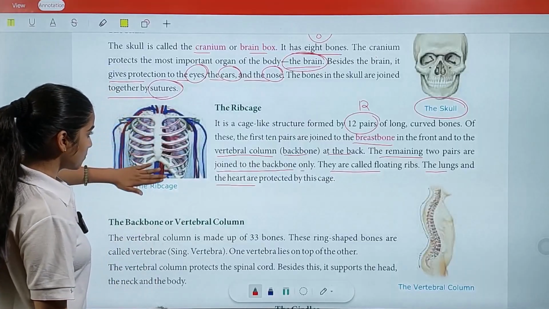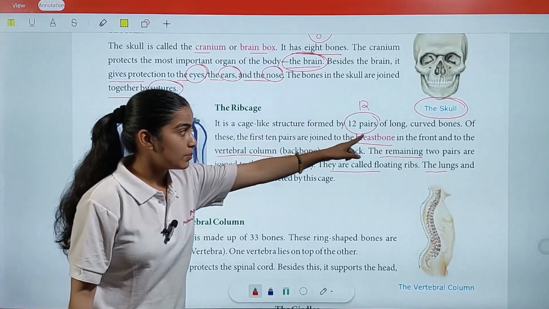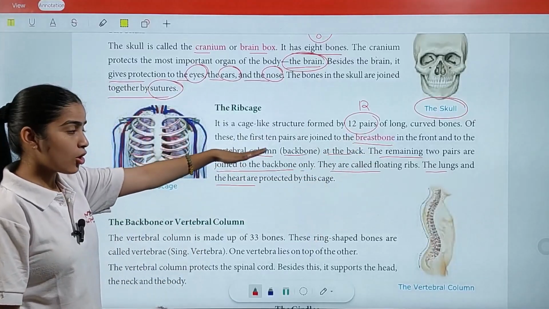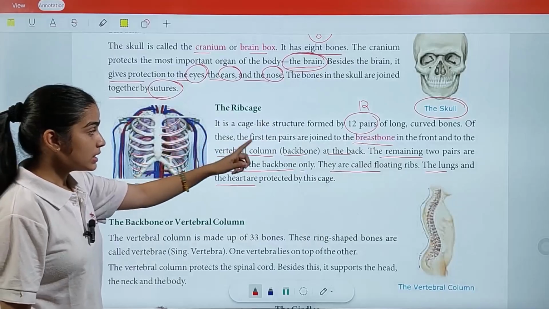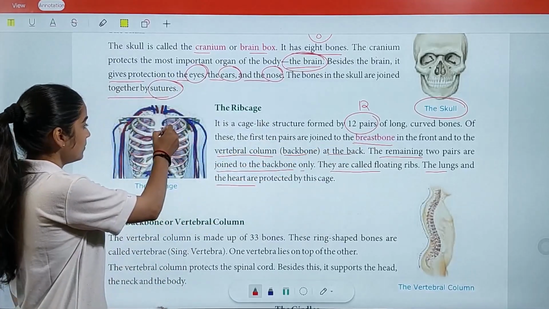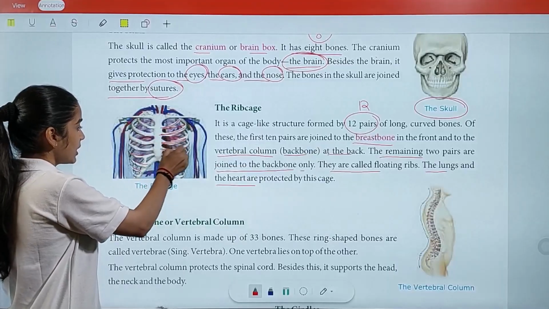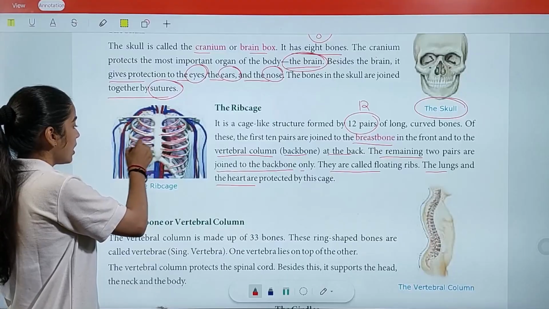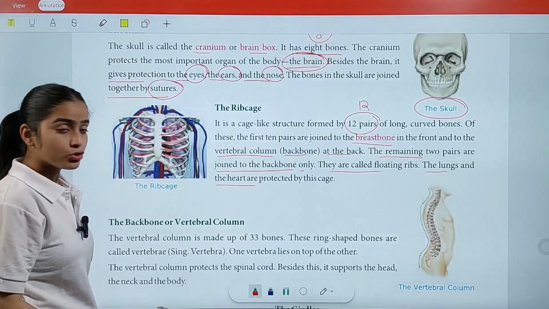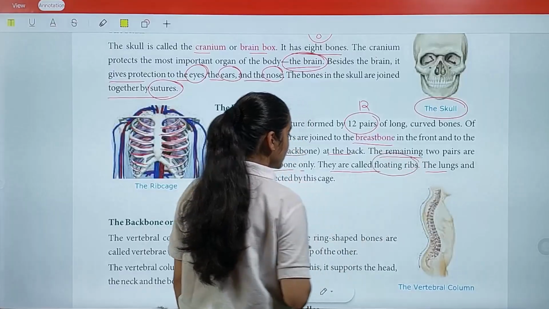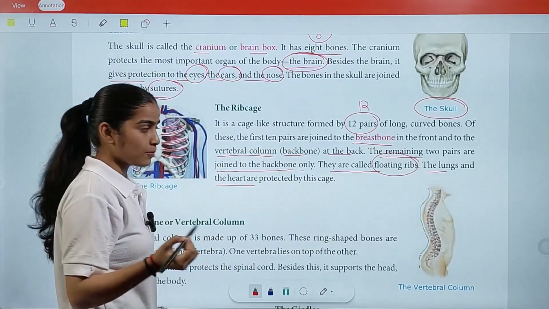So this is your rib cage. In total we have 12 pairs, which means 24 long curved bones. Of these, 10 pairs are joined to the breastbone. This is your breastbone. Only 2 pairs are not joined, and those are called your floating ribs, because they are not connected to the breastbone.